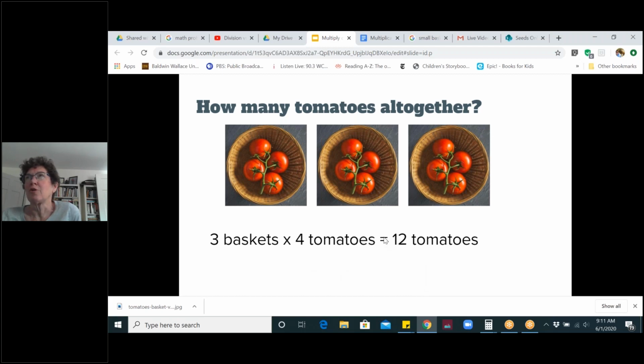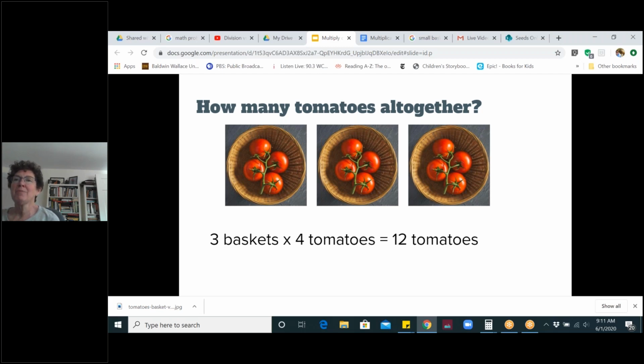Now, I always start with a simple problem to help me get my mind wrapped around what's going on. And I want to use this idea of having baskets. That makes a group. How many groups of tomatoes do we have? That's the group number, the number of baskets. So we have 3 baskets.